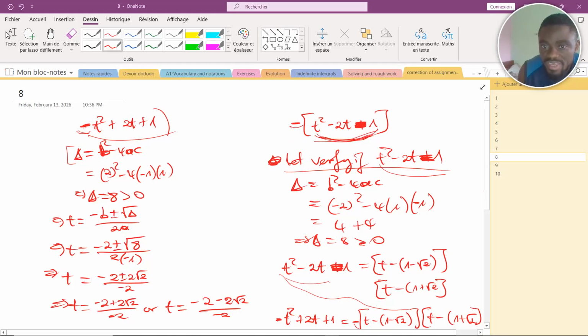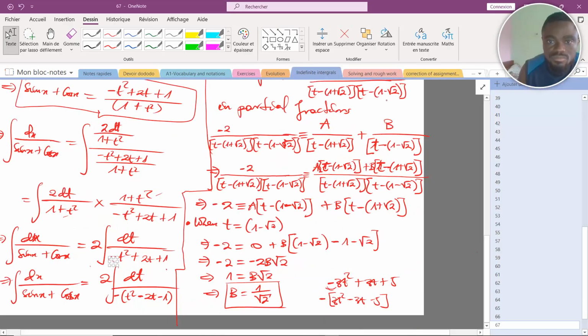You verify if this is factorizable. From there, you factorize. If this is factorizable, you factorize it and you just come and replace it here. Never do that error. This is a very important thing I'm saying. Okay, let's go back to our exercise.